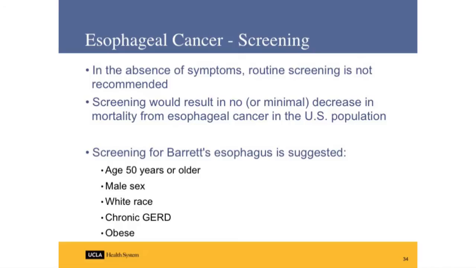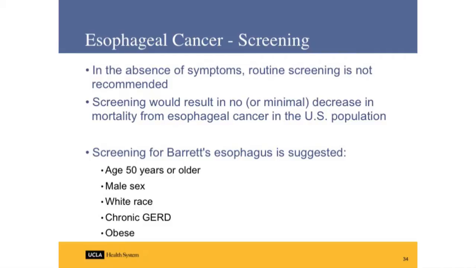So in terms of screening for esophageal cancer, routine screening is not recommended in the general population. The reason for that is that screening would result in no or minimal decrease in death as a result of screening. So that's why it's not recommended.